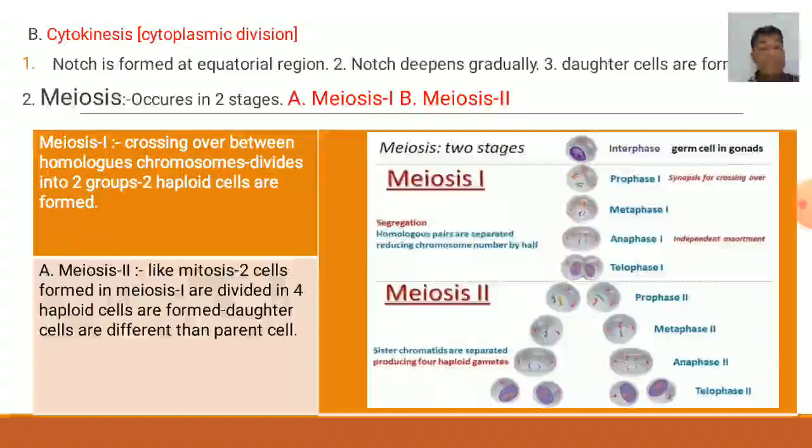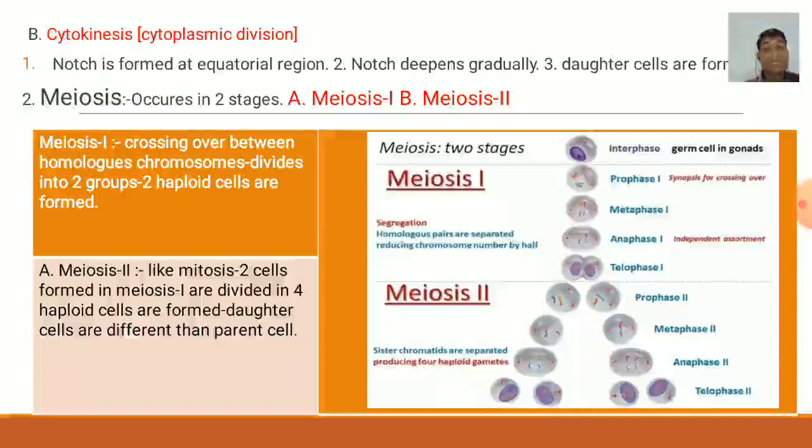In meiosis first, recombination or crossing over occurs between homologous chromosomes, and thereafter those homologous chromosomes, meaning not sister chromatids, are divided into two groups, and thus two haploid cells are formed. It is clearly seen in the figures.